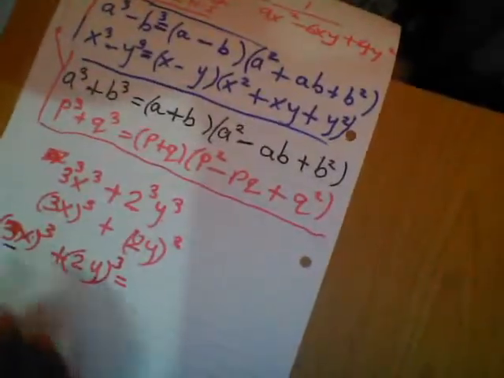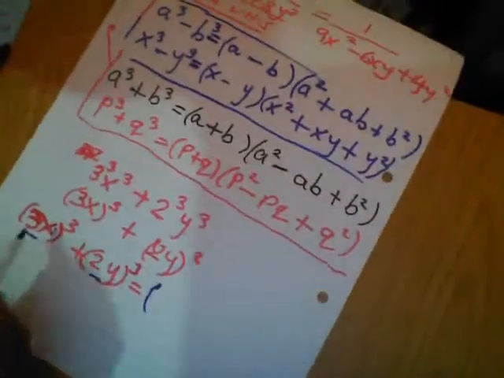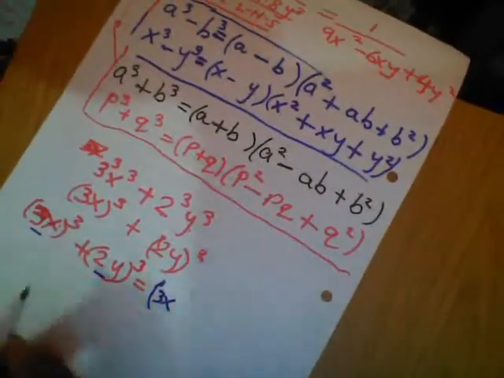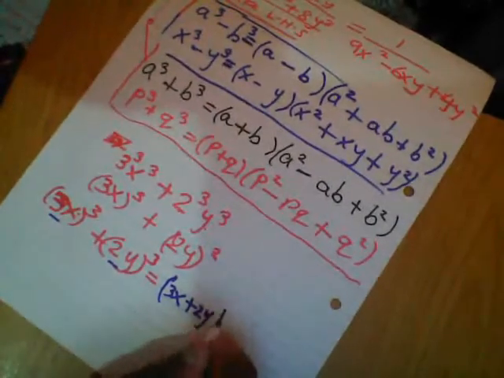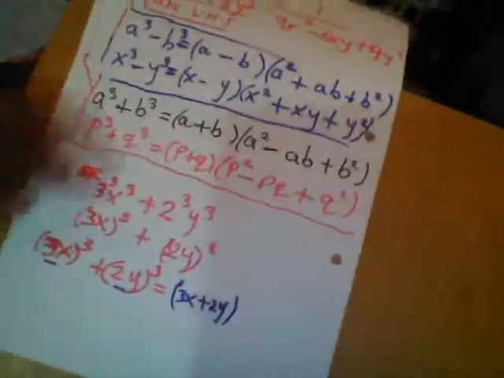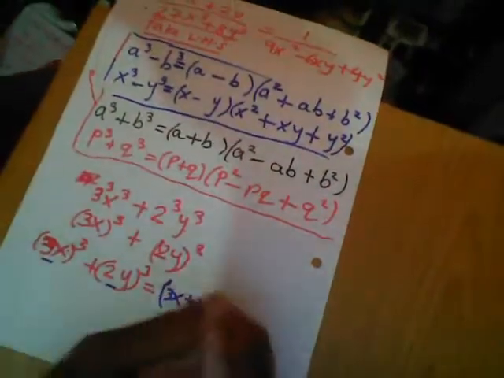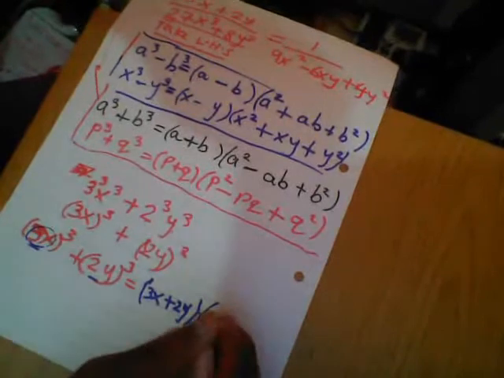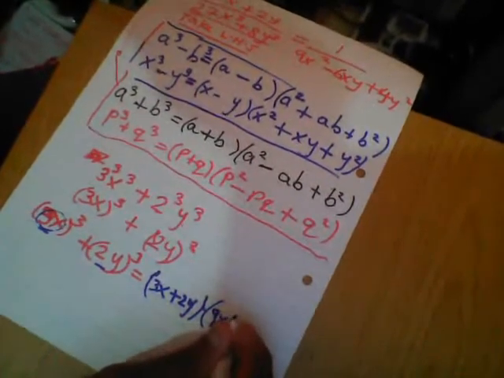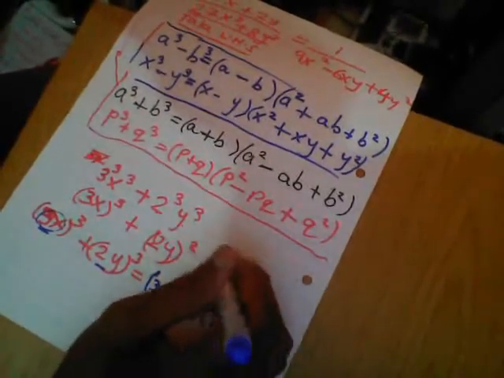cube plus 2y cube, meaning, let me use a blue pen here, this is like a, this is like b. So how do we say if it's plus, we say a plus b. So what is that a? 3x, plus, what is that b? 2y.